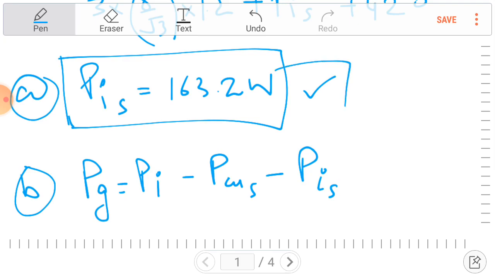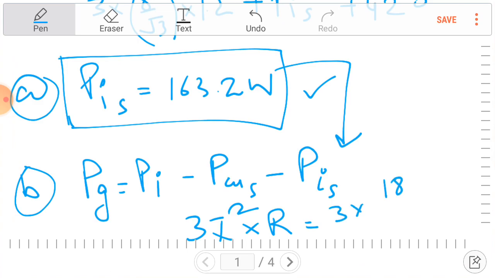From here, stator iron loss is 163.2 watt and stator copper loss can be found by 3I square into R, and we know that at full load the current is 18, so phase current is 18 by root 3, whole square, into R, which is 1.2 ohm.